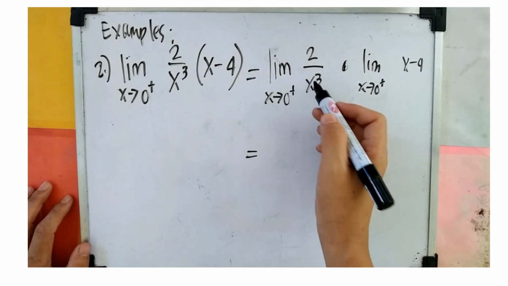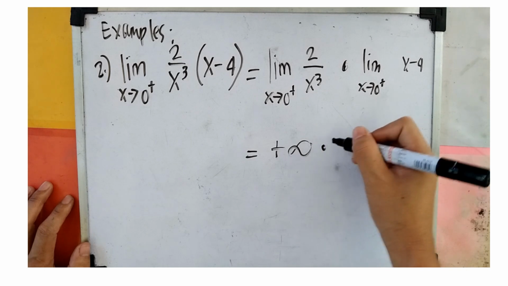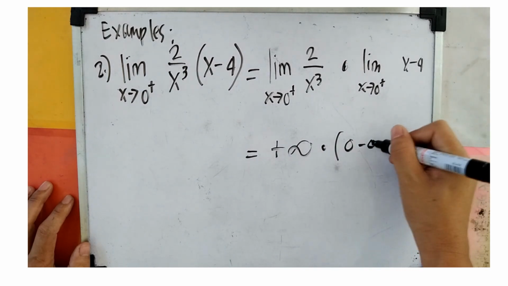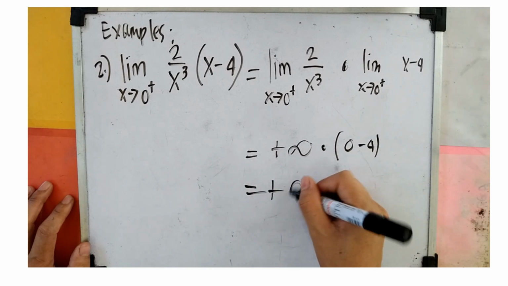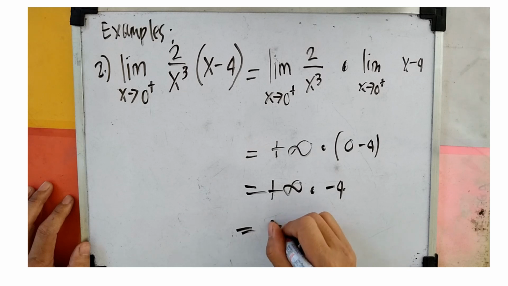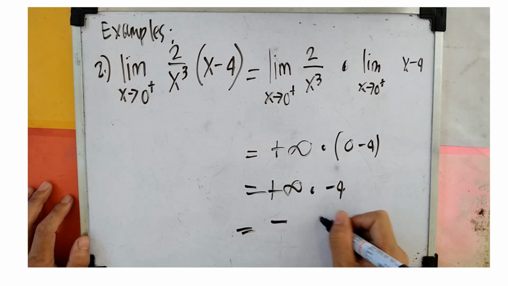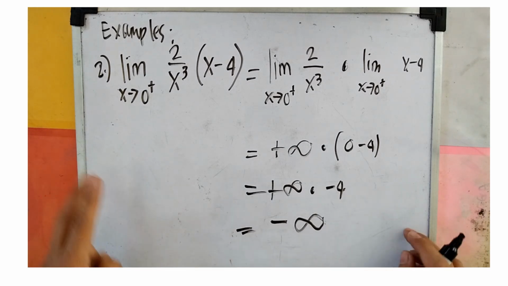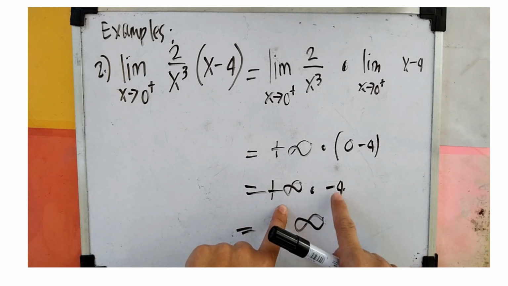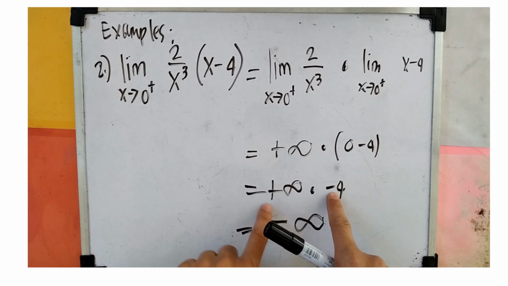Okay, ma-apply siya dito basta from the right, class, positive infinity times... hindi siya ma-apply, 0 minus 4, positive infinity times negative 4. Ano ang answer? Positive infinity or negative infinity? Negative infinity. Bakit? Yun di ba yung sa rule? Ang makuha lang, class, sa constant na answer is yung sign. Madala yung sign. Negative times positive, negative.